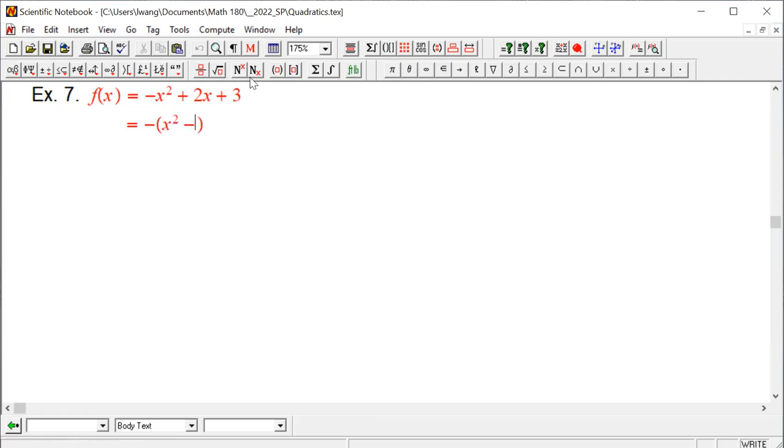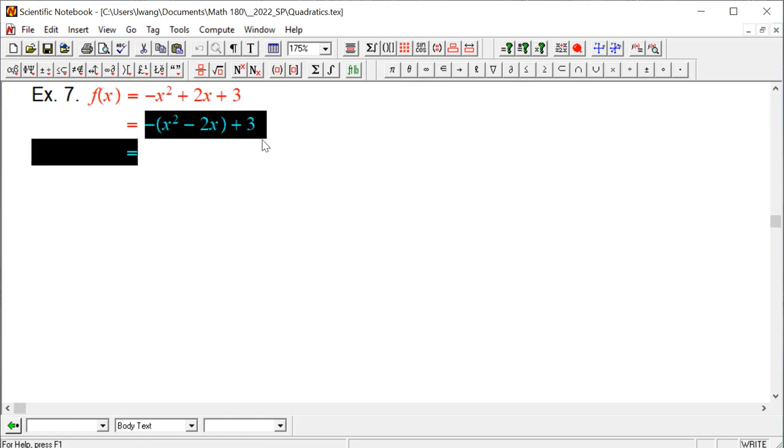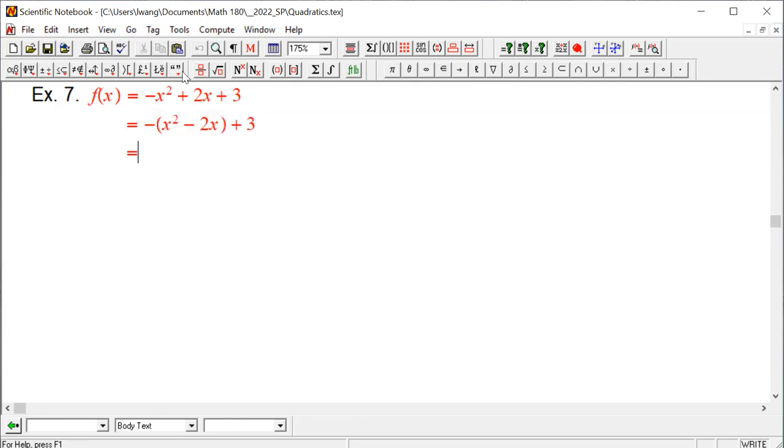And this time it becomes minus 2x, because I factored out the negative sign, plus 3 just tagging along. Once we have done that, we're going to make the perfect square inside the parentheses.